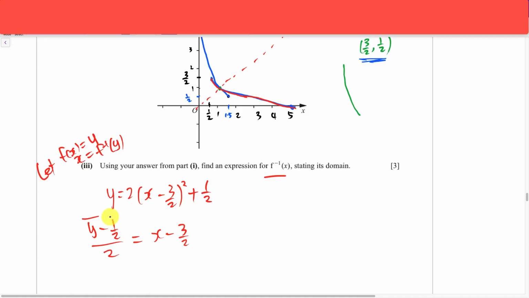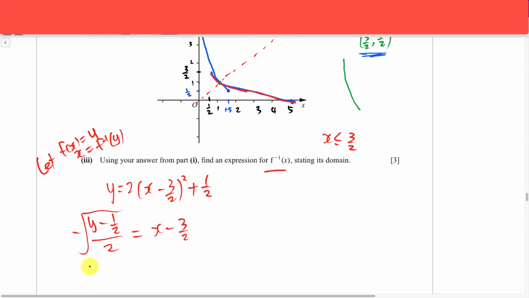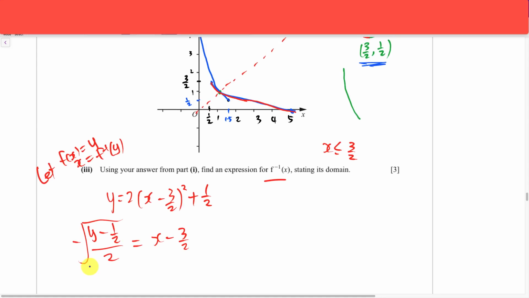And then the square I move here will become a square root, and then I should have positive and negative. But because the question says x must be less than 3 over 2, the question actually gives you this domain, therefore I will write negative only, because the inverse should be smaller than 3 over 2.